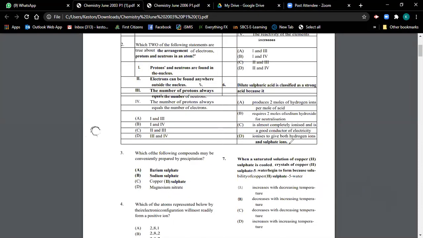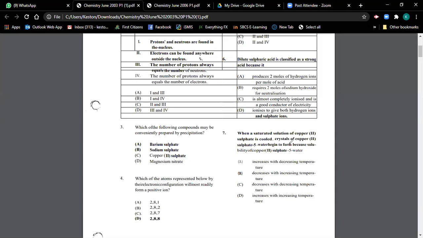7. When a saturated solution of copper 2 sulfate is cooled, crystals of copper 2 sulfate 5 water begin to form because the solubility of copper 2 sulfate 5 water: increases with decreasing temperature, decreases with increasing temperature, decreases with decreasing temperature, increases with increasing temperature.